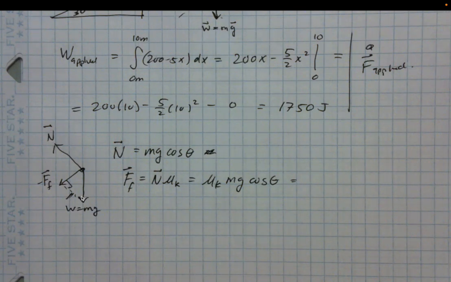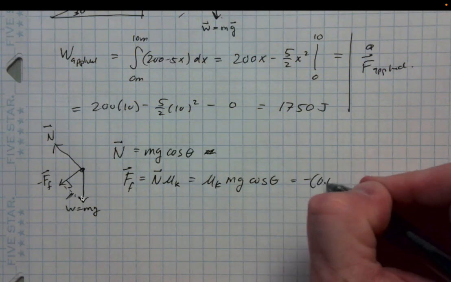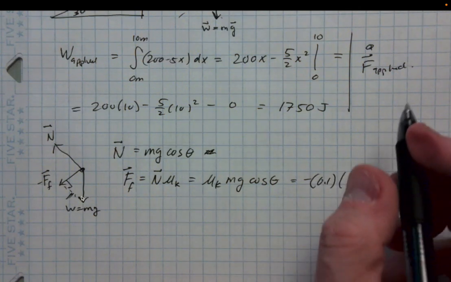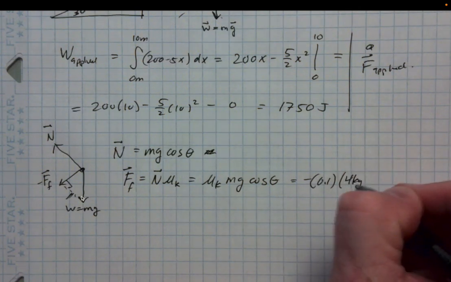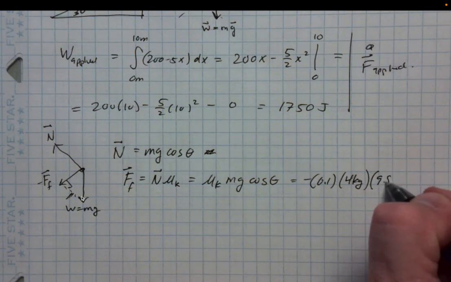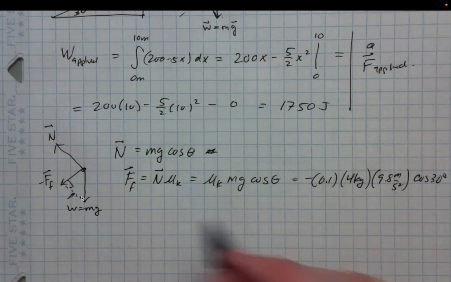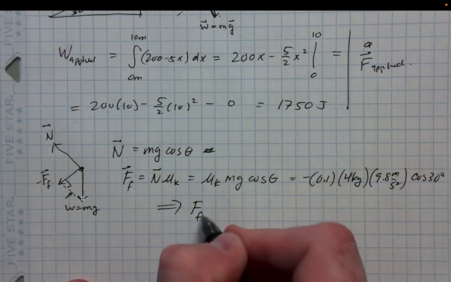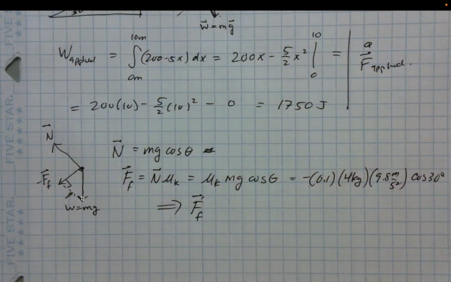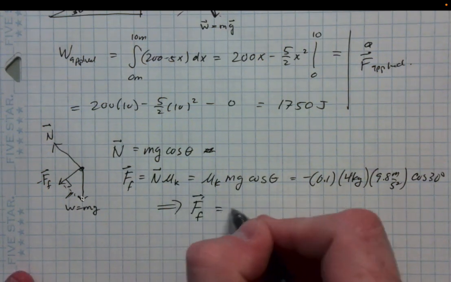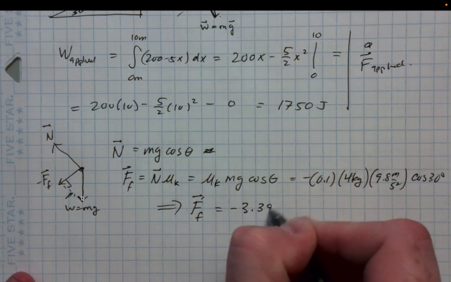It's heading in the negative direction. So this would be negative 0.1 times the mass, 4 kilograms, times gravity, 9.8 meters per second squared, times the cosine of 30 degrees. And so the friction force is equal to negative 3.39 newtons.